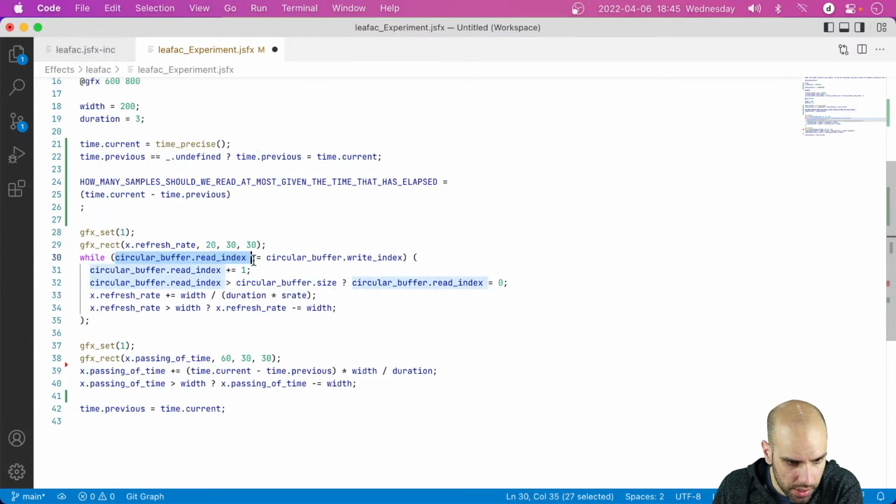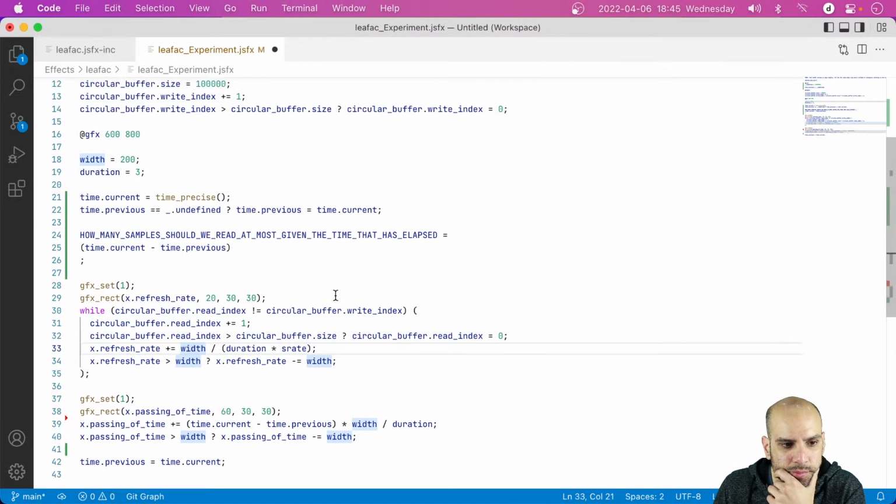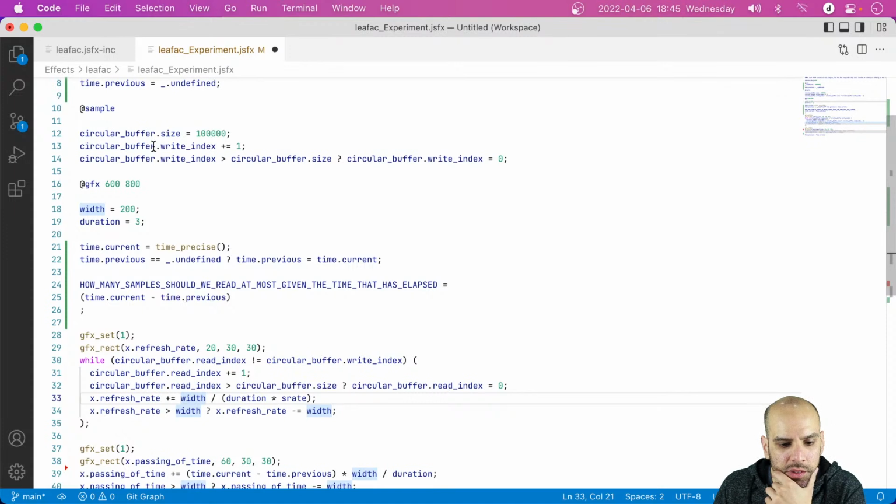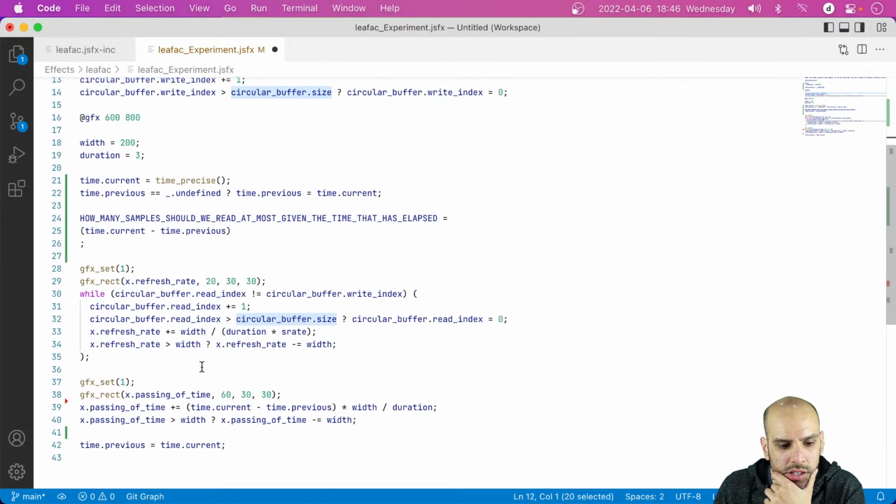For every sample that we read, so every time that this block goes and executes, we are moving this much. And none of these values seem to be related to the size. Yeah, of course, the updating of the read index has to do with the size. But computing this has nothing to do with the size.